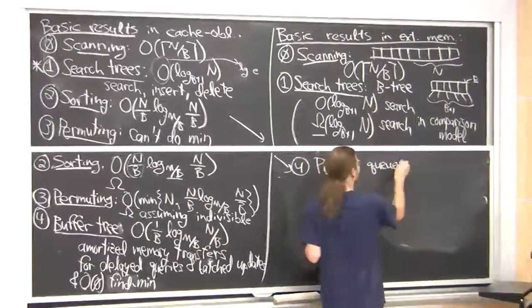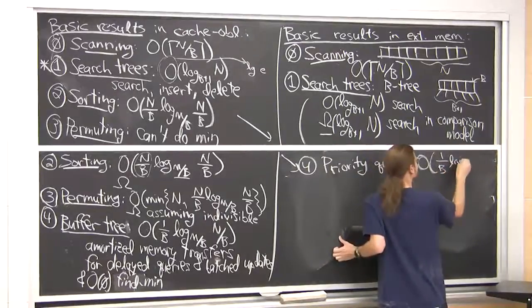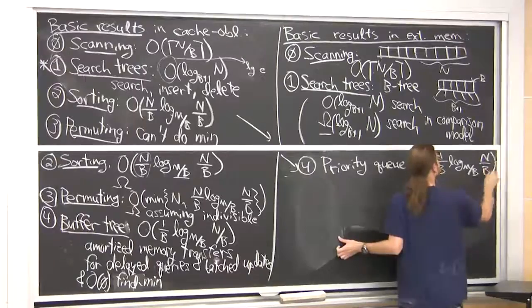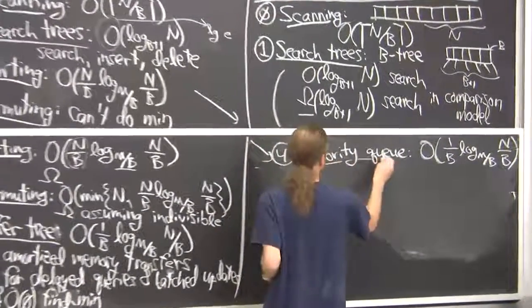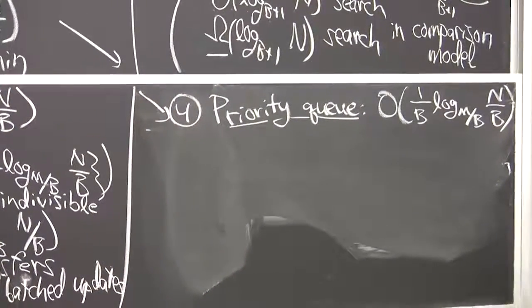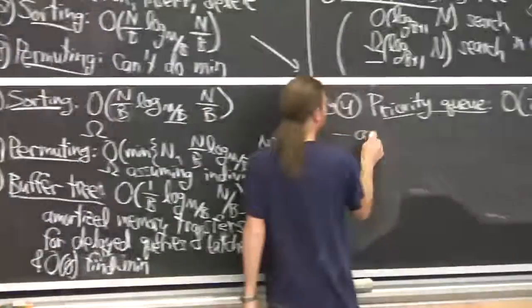Cache-oblivious, we can do in the optimal time 1 over B log base M over B of N over B. The only catch with that result is that it assumes something called the tall cache assumption.